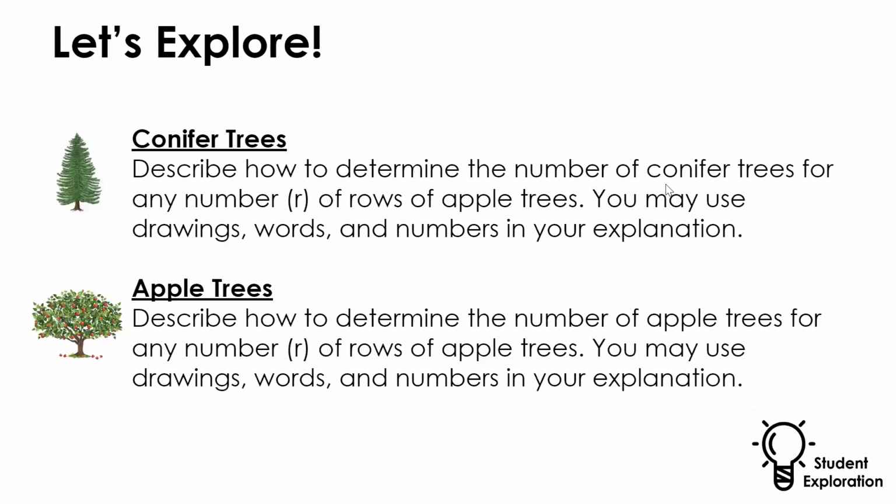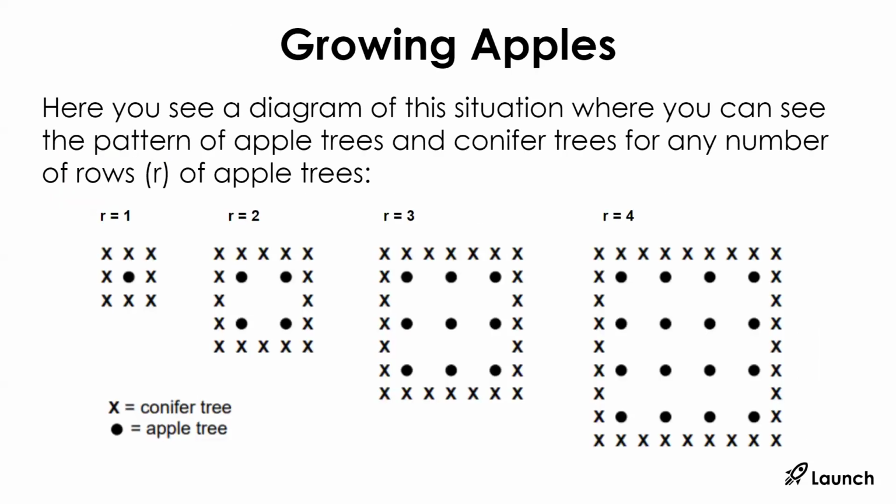You're answering how to determine the number of conifer trees and the number of apple trees depending on the row number. You can work with a partner, but I want you to come up with some type of answer. We're going to take about 5 minutes on this, and then we're going to talk. You need to come up with an answer. Don't just sit there.